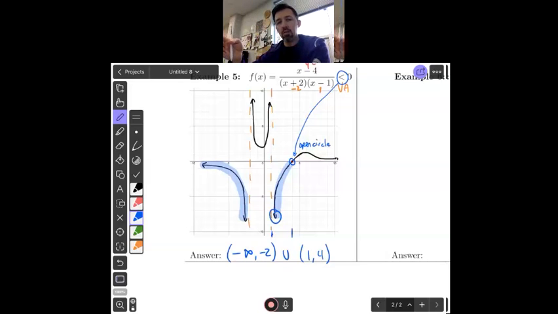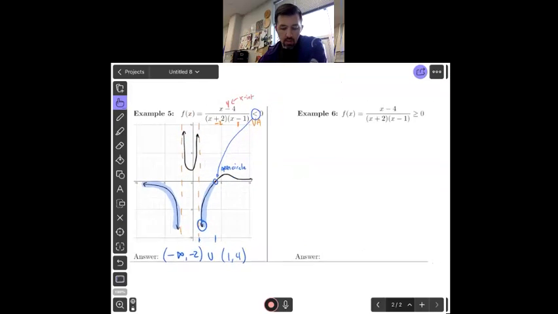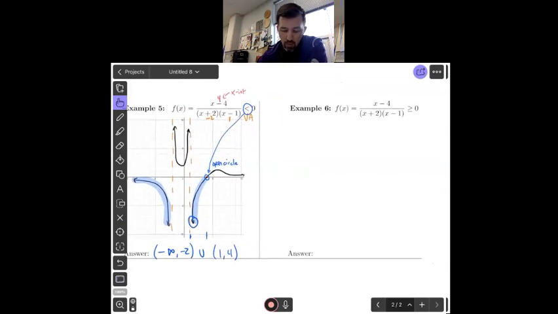So it's this weird switch, and you always have to make sure you're talking about the x values that are making the y values do something specific. These are the x values that make the graph go below 0. So it's not about how low it gets or anything like that. It's about when is it doing it. This is not a what question, but a when question.